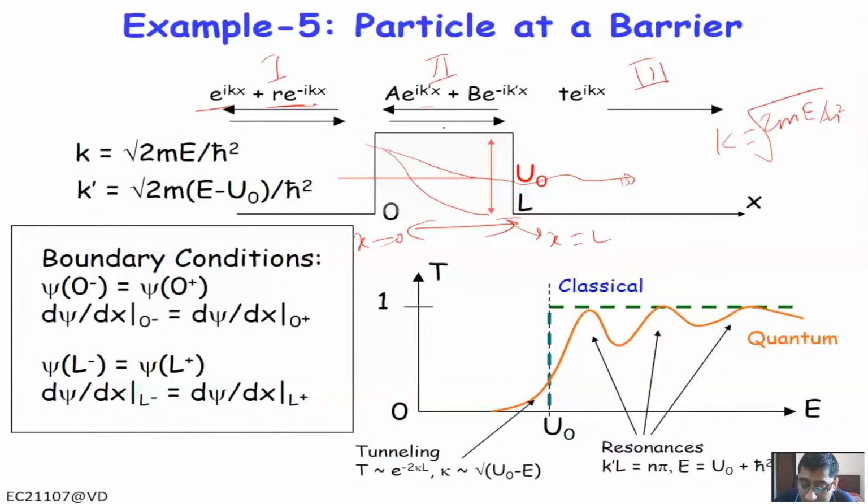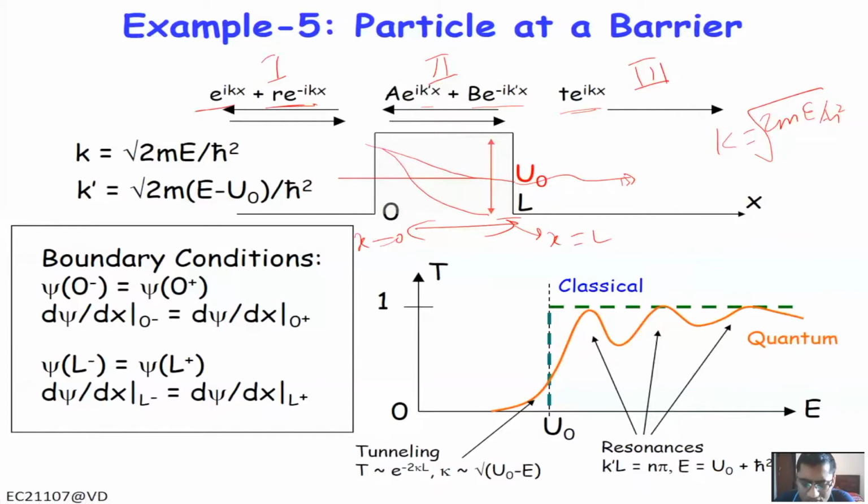Why? Because there is another step here, so these electrons can be reflected. So in this region we have to consider both the traveling waves, in the x direction and in the minus x direction. And the third region extends to infinity, so you can only consider a wave traveling in the positive x direction, and we can call it t times e to the power iota kx.